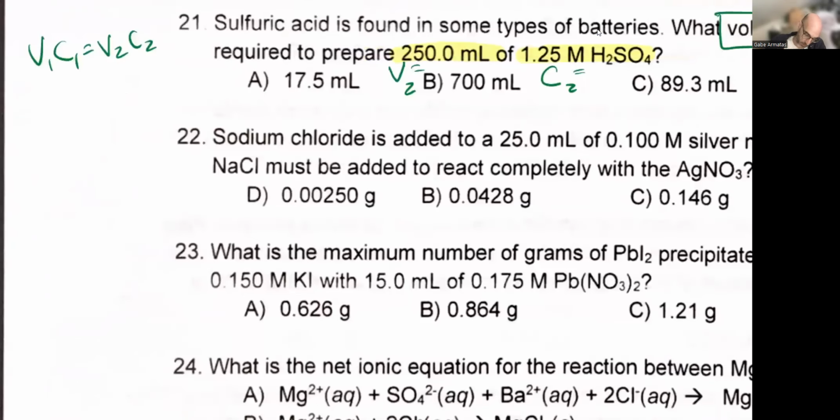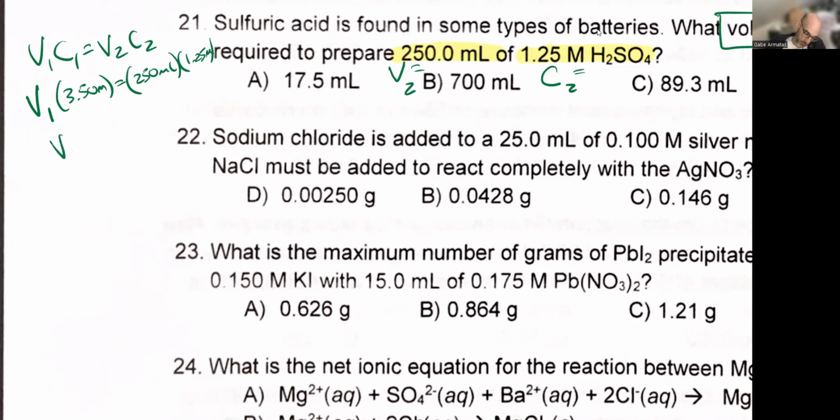So volume 1 is what we're looking for because that's the more concentrated solution. And you could have set solution 1 as either, solution 2 is either. The concentration happened to be 3.50 molar. Volume we want to make is 250 mils and a concentration of 1.25 molar. There we go.